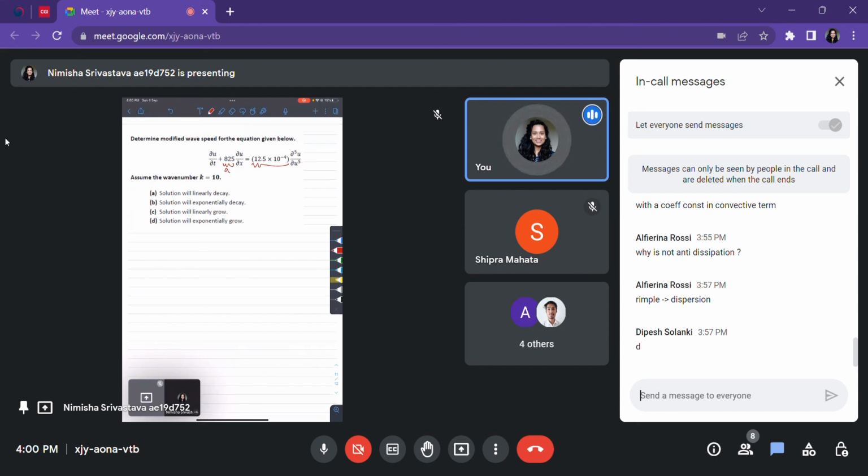Since there is no second derivative, or fourth derivative or sixth derivative, we know that there is no exponential term associated with this. There is no exponential growth, there is no exponential decay, because there are no even derivative terms. So actually the solution will simply propagate.